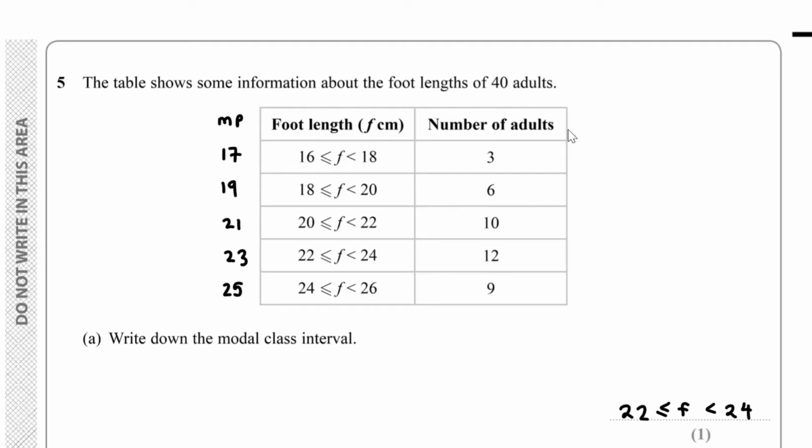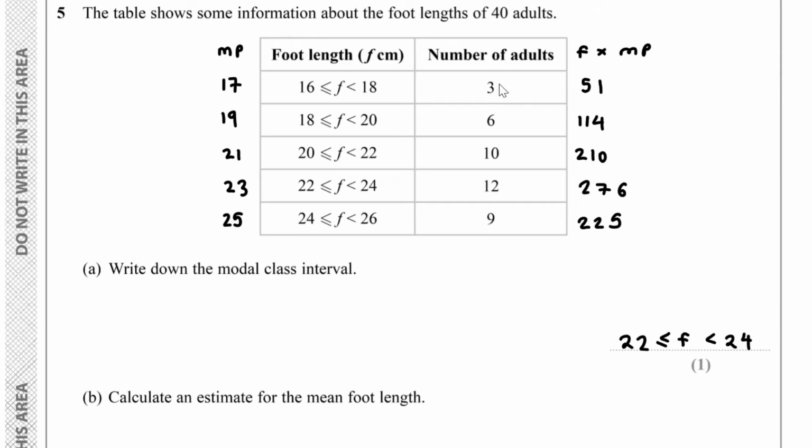We now need to find out the frequencies multiplied by the midpoints. 3 times 17, that's 51. 6 times 19, that is 114. 10 times 21, that's 210. 12 times 23, that's 276. 9 times 25, that's 225.